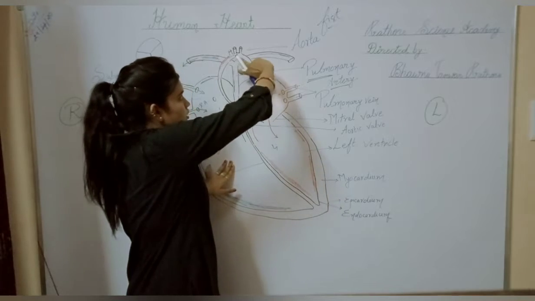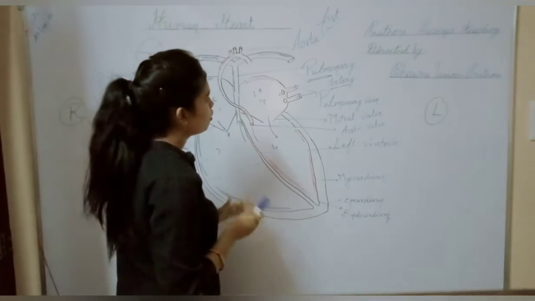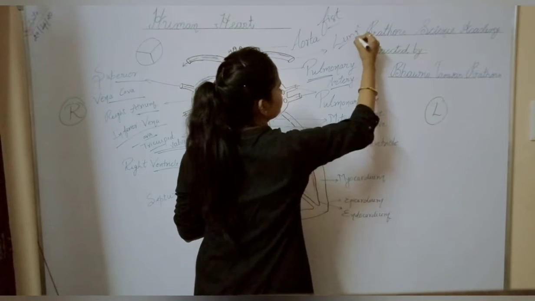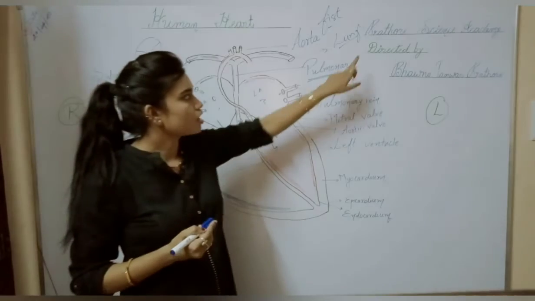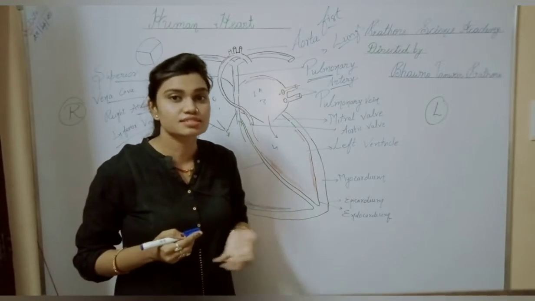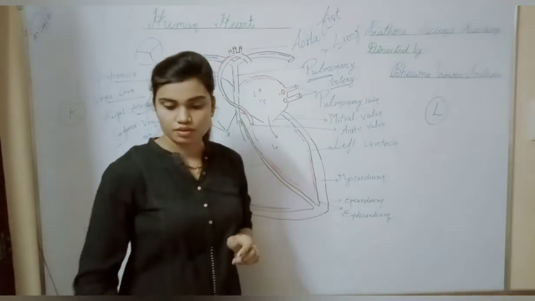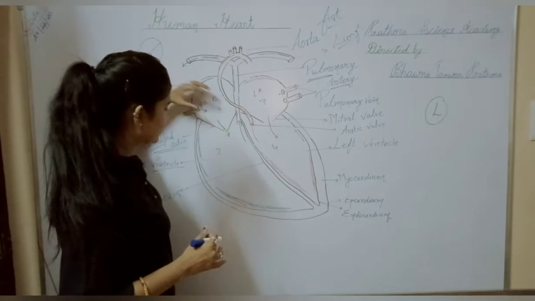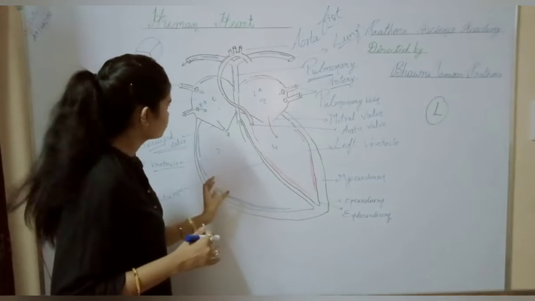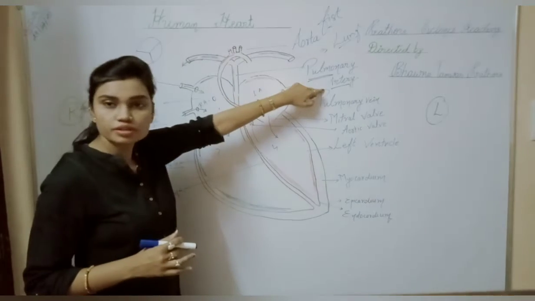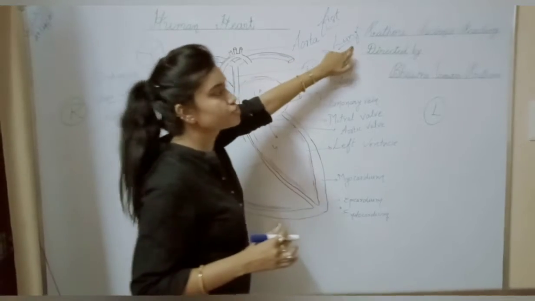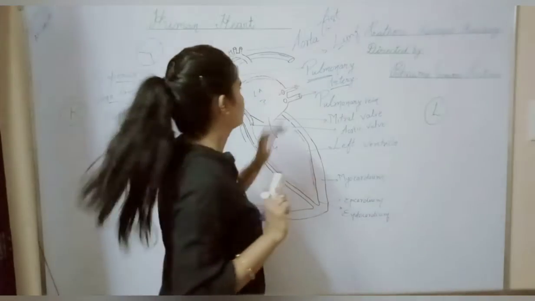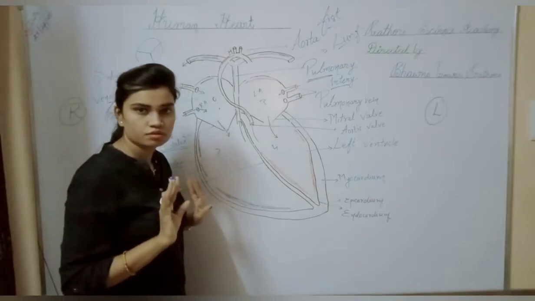When the blood comes into the pulmonary artery, from here this blood goes to the lungs to get oxygenated, to get purified. All the deoxygenated blood from the body came into the atrium, then the ventricle, then the pulmonary artery, and from the pulmonary artery it went to the lungs to get oxygenated. Got it? Here our right portion is over.